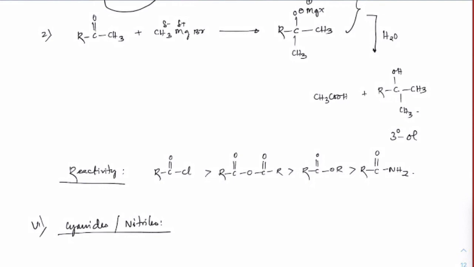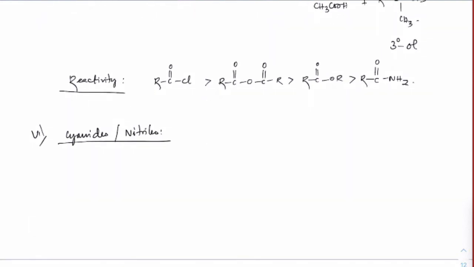Okay, that's why they are called acid derivatives. Now if you check out cyanides, R C triple bond N, if you treat that with Grignard's reagent as CH3 MgBr.